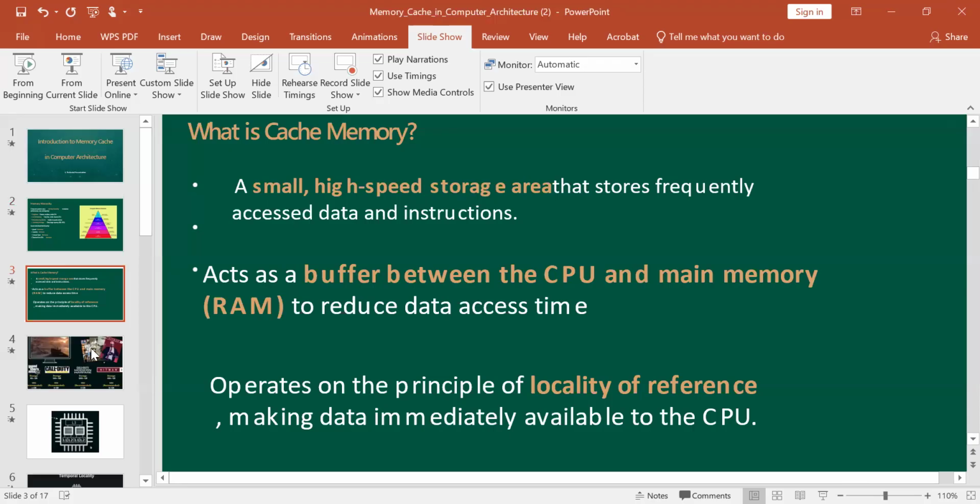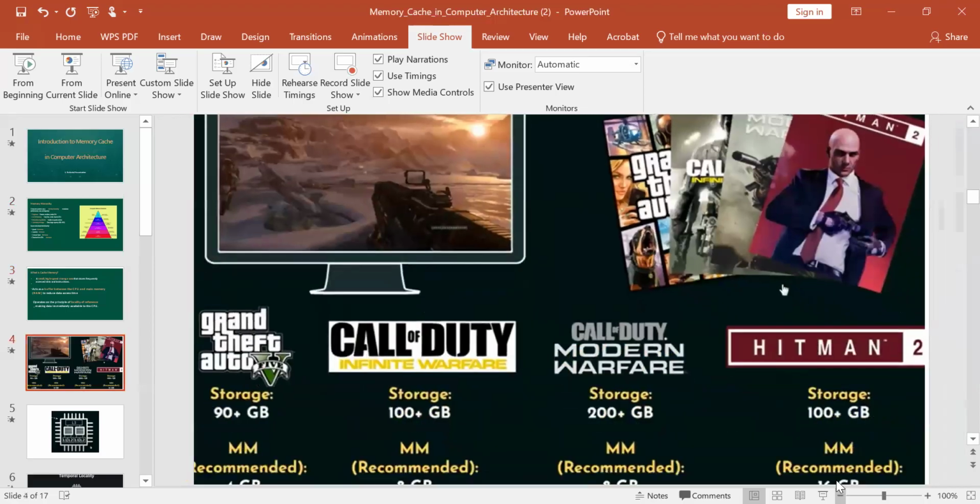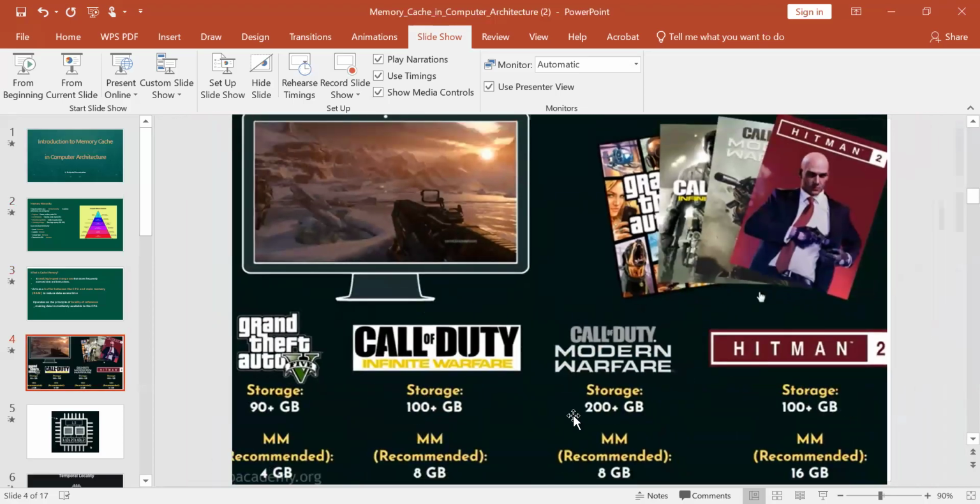For example, we have this game playing. These are high-end games that require a lot of storage capacity in order to install the programs. But we do realize that the main memory requirements of these games, however, are very small.